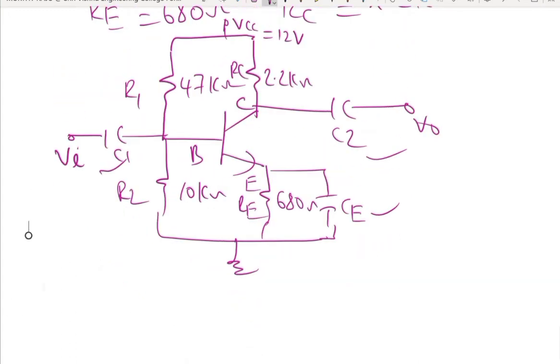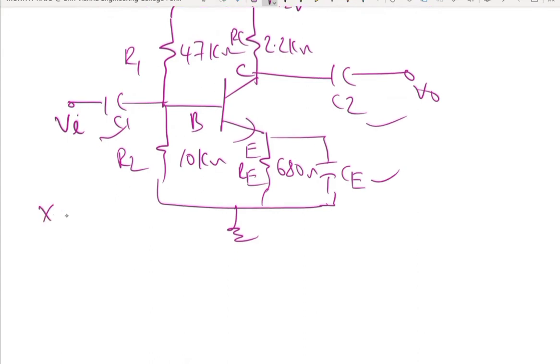For C1 calculation, we use capacitor reactance XC1 less than or equal to Ri by 10. Here Ri is the input resistance. Here XC2 is less than or equal to RC by 10.